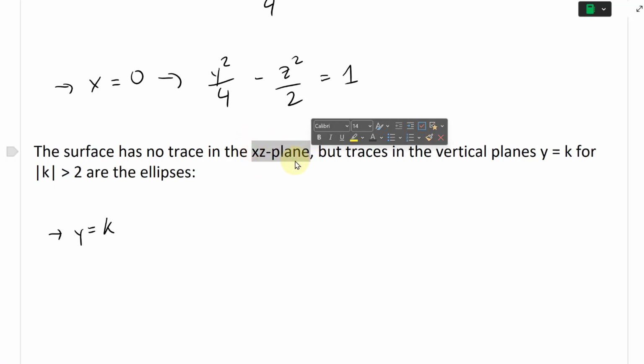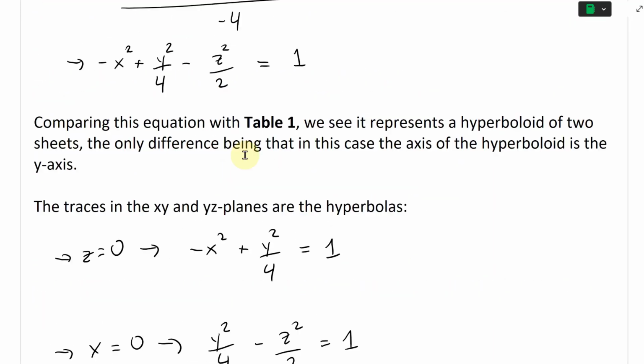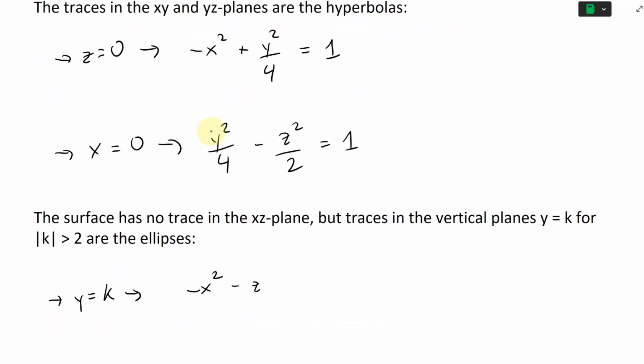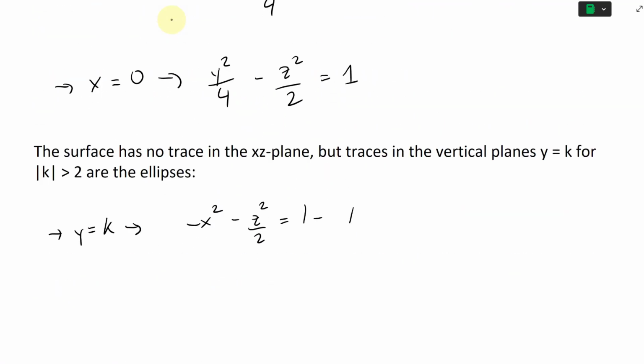But so when y equals k, we're going to get negative x squared, and then this is going to be k squared, move it over to the other side. This one would be negative z squared over 2, and then equals 2. This is going to be 1 minus k squared over 4.